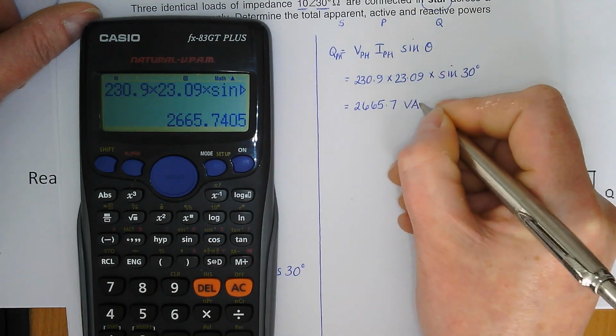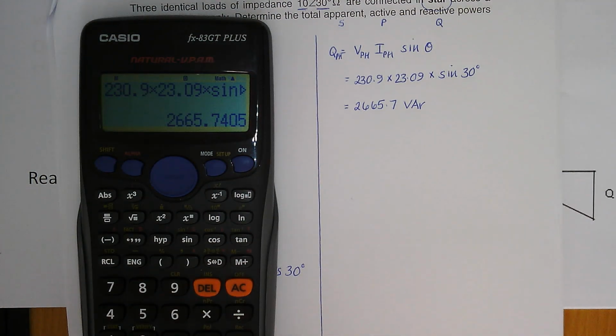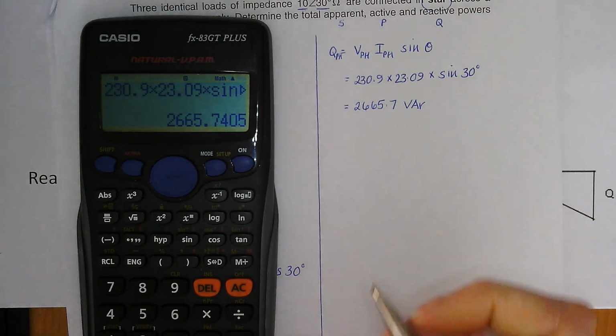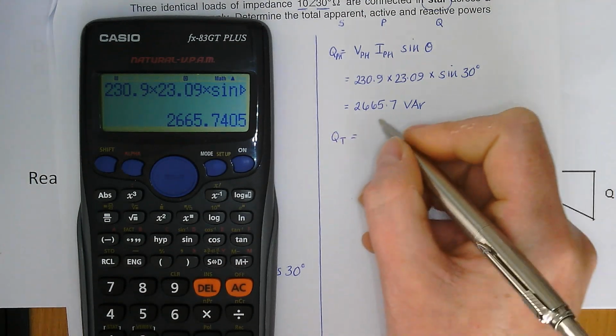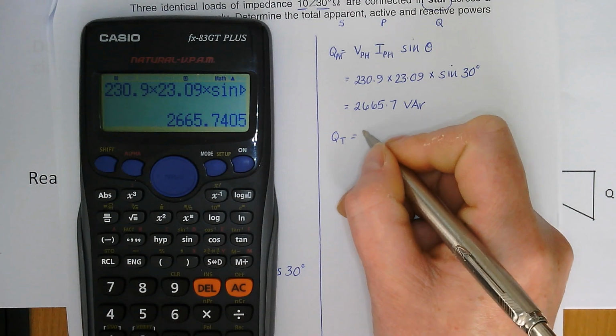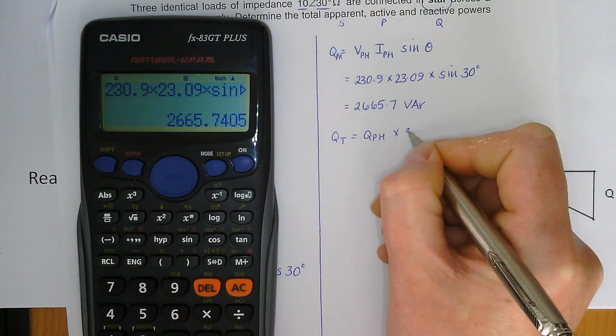Remember, Q is measured in volt-amps reactive. A measure of the energy that's exchanged between inductive and reactive elements. And then your Q total, Q phase times 3.